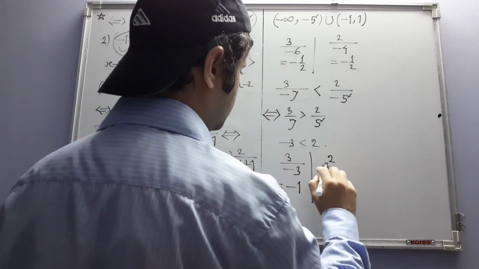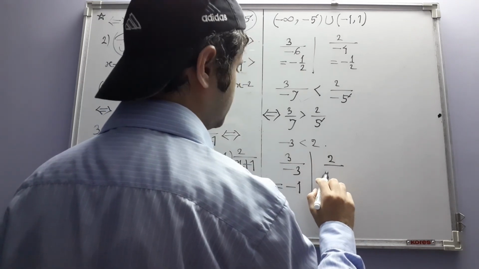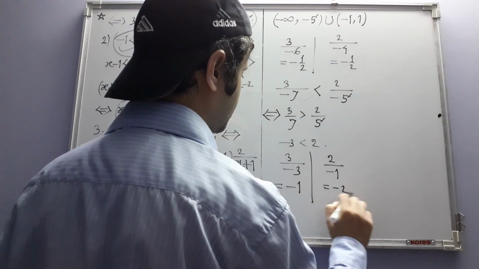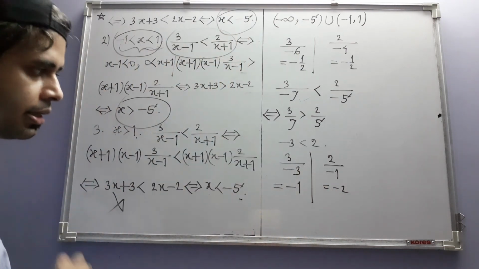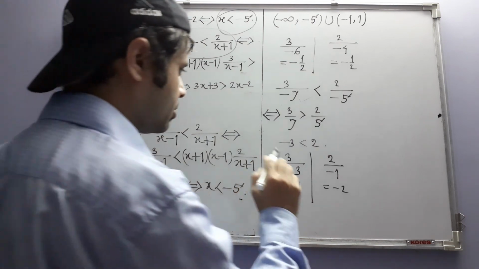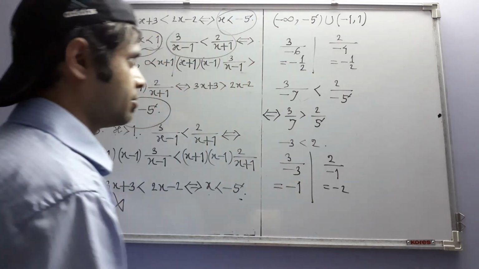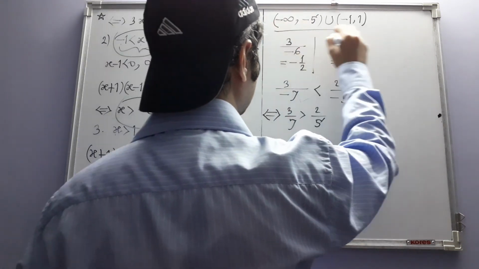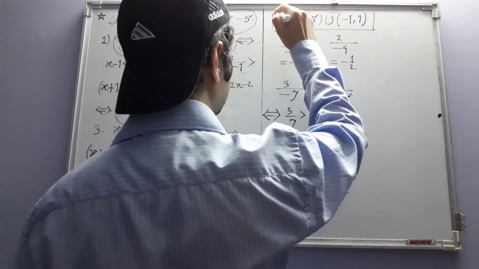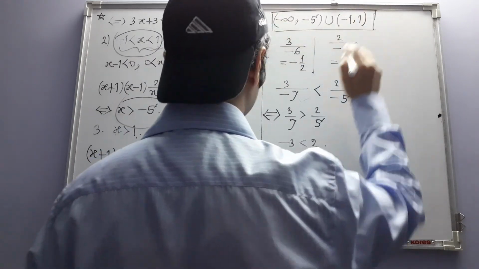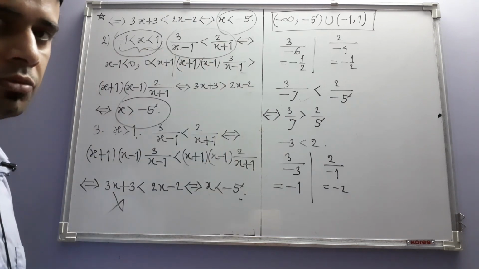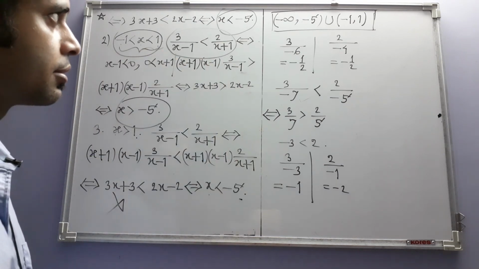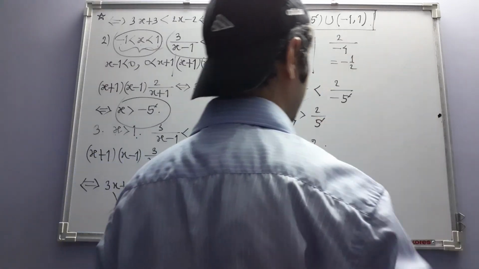So this will be 2 divided by minus 1, that is minus 2, and this is less than minus 1, not greater than minus 1. So for x equal to minus 2, the inequality is not true. So we can say with confidence, on the assumption that our logic is correct and we haven't made any mistake, that this is the solution set.